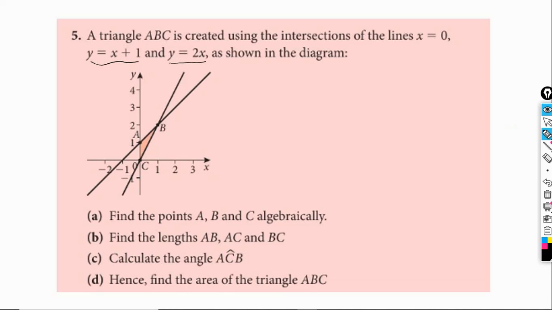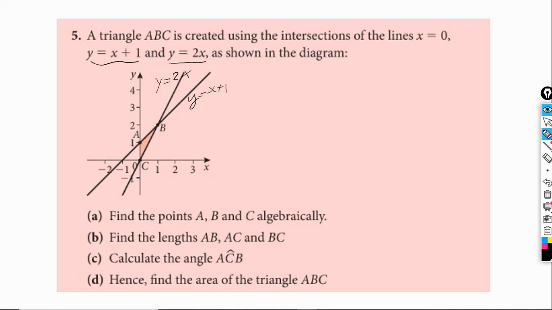Now this one goes through (0, 1), so this is obviously y equals x plus 1, and this other one would be y equals 2x. Okay, so those are our two lines, and then the other one is the y-axis, as we can see here.